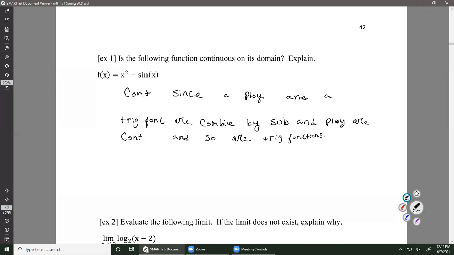Another way to organize this, I am perfectly fine with the previous way, but another way that might be a little more bullet pointy would be: x squared is continuous. Sin of x is continuous.